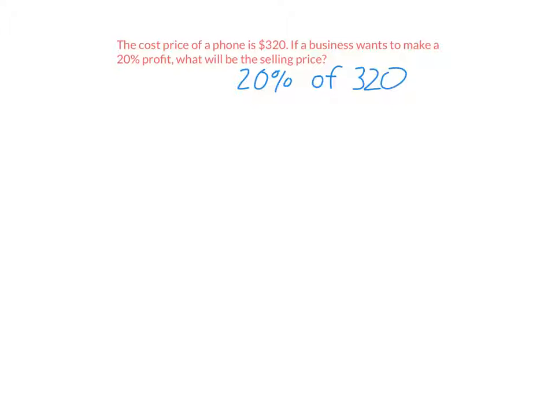So I'll do that. This time I'll convert the percent to a decimal, but it wouldn't matter if you chose a fraction. So 0.2 times by 320. So if you've forgotten how to do this, what you do is ignore the decimal point. So you've got 2 times 320, which is 640.